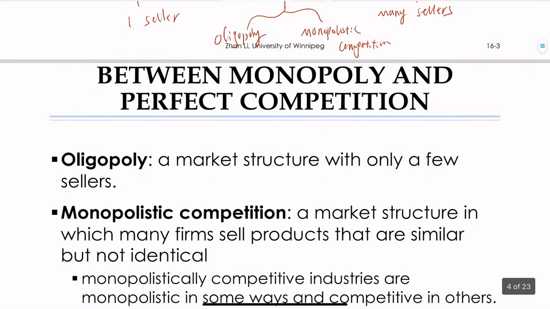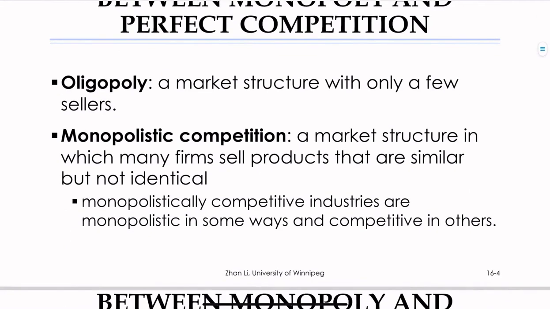Oligopoly refers to a market with only several sellers. And monopolistic competition is actually pretty interesting. You can see this from the name, right? It has both the monopolistic feature and the perfect competition features.